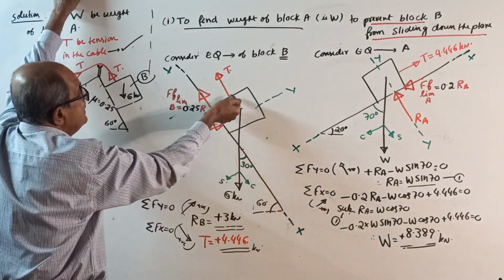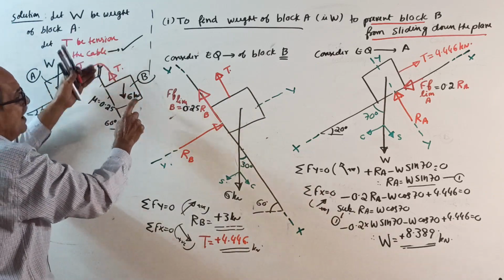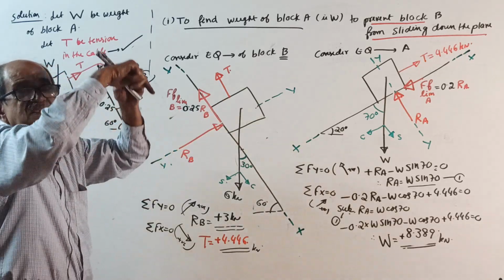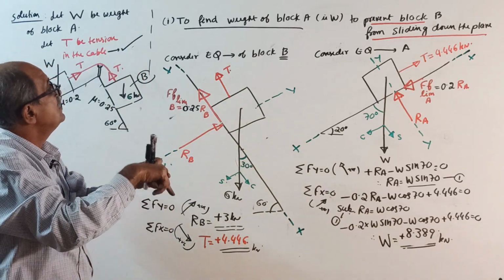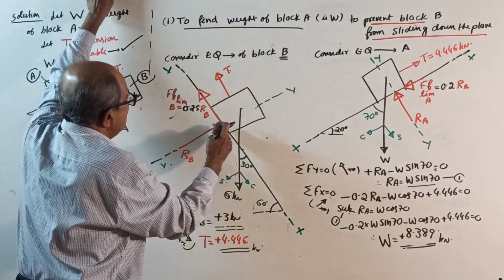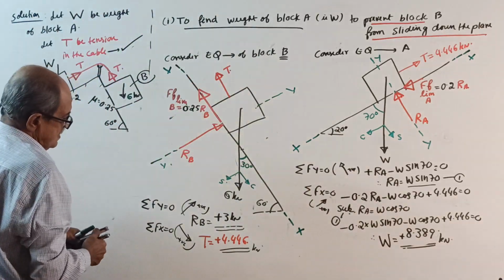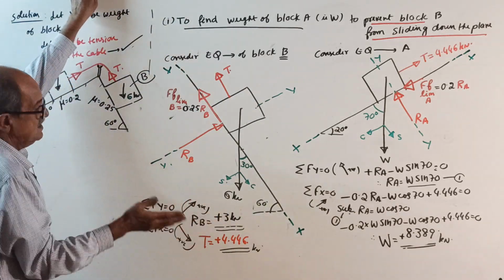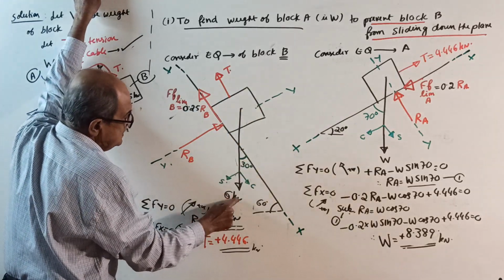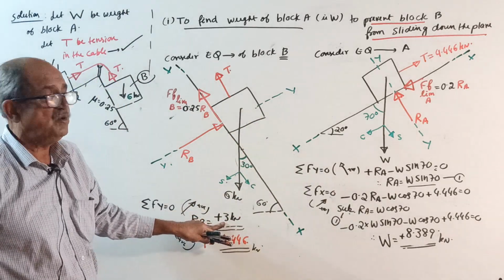RB, tension T, see here, tension T, and this I already told you, block B is on the verge of sliding down. So when block B is on the verge of sliding down, friction is up, 0.25 times RB. Okay. Now sigma Fy equals 0, you should do it, plus RB, then minus 6 sine 30 equal to 0, you solve, RB will come 3 kilonewton.